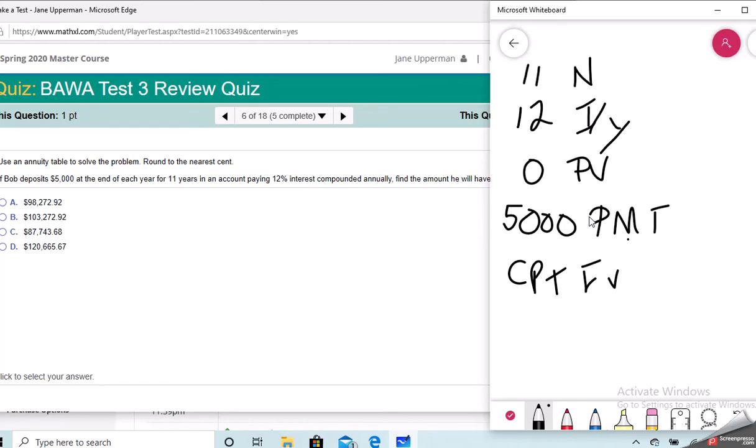You can make it negative if you want to. It doesn't really matter on this one. And it doesn't matter on all of them, but some of them it will. And then you compute your future value. So that gives you $103,272.92. So that is B.